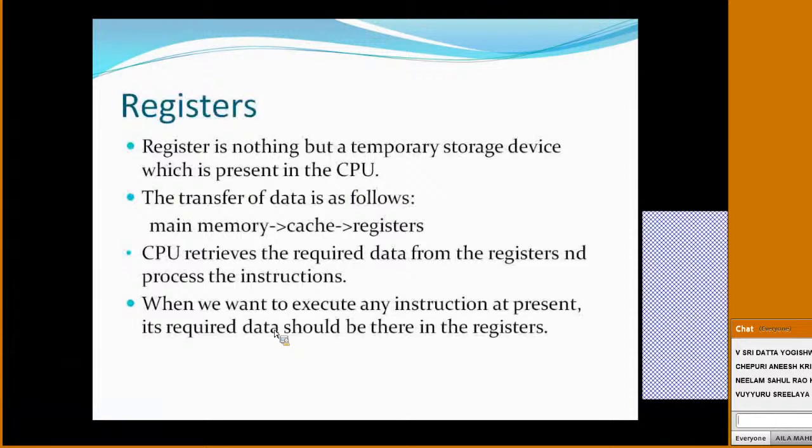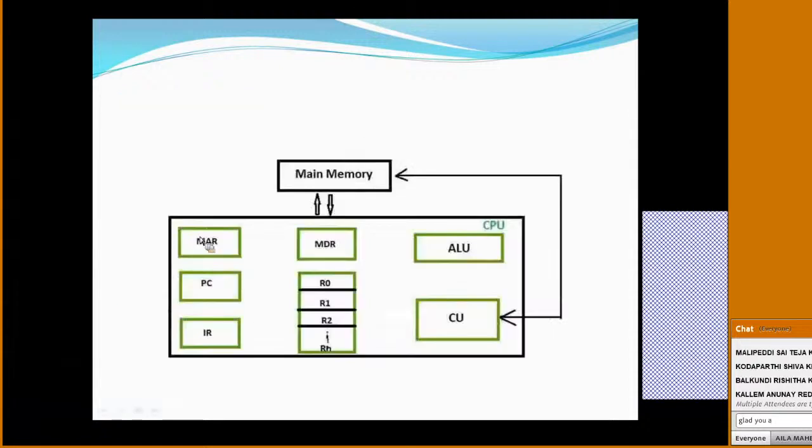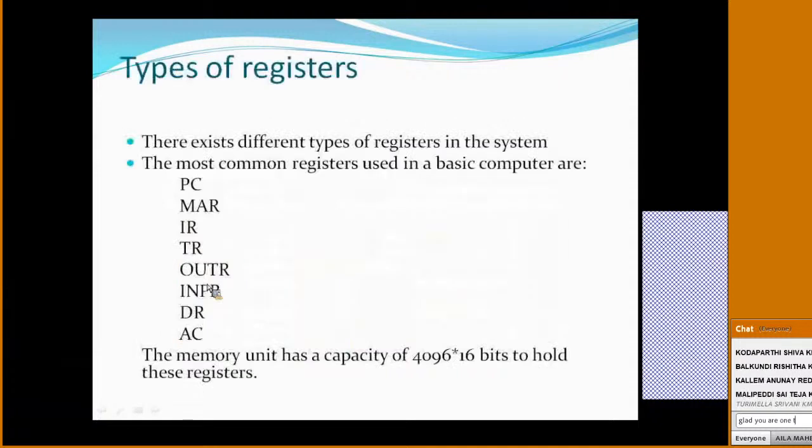These are the different types of registers present in your system: program counter, address register, input register, data register, and the last one is accumulator.